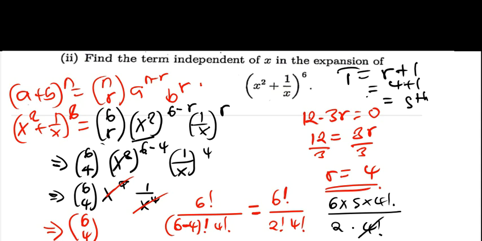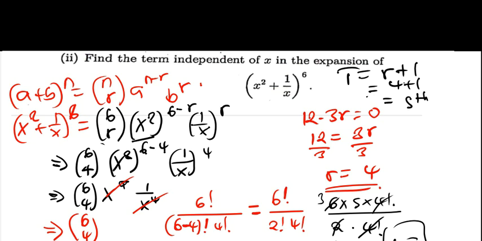So 4 factorial and 4 factorial will cancel. 2 into 6 goes 3 times, and 3 times 5 is 15. So 15 is the value that doesn't have x. So the fifth term is 15.